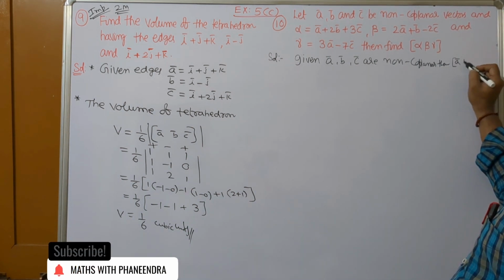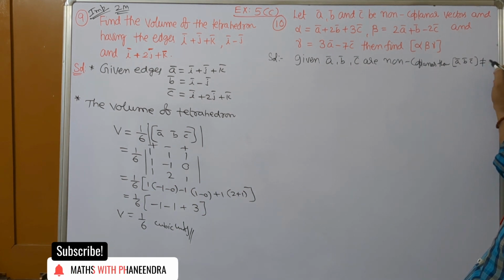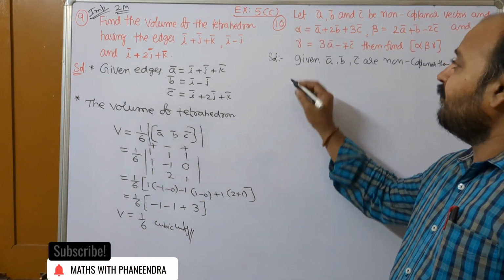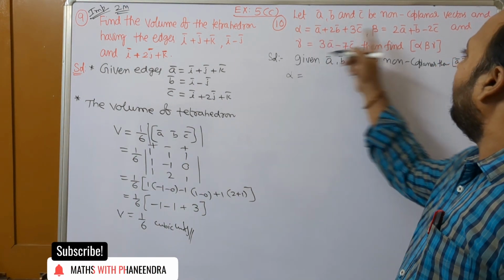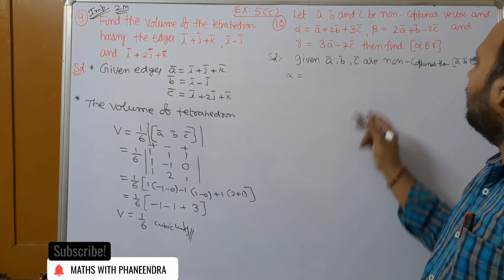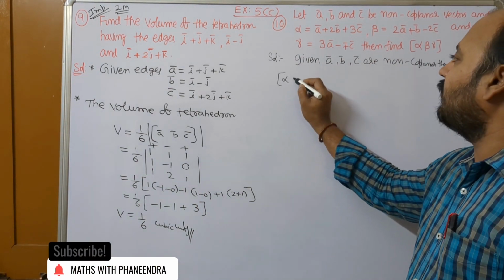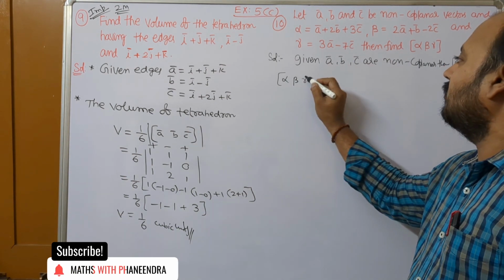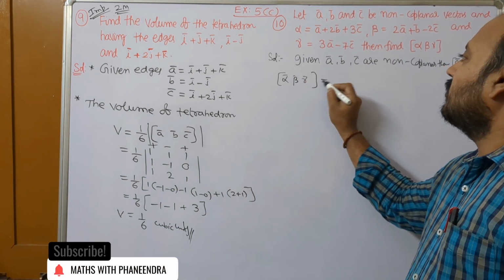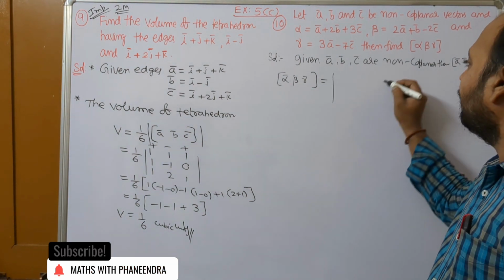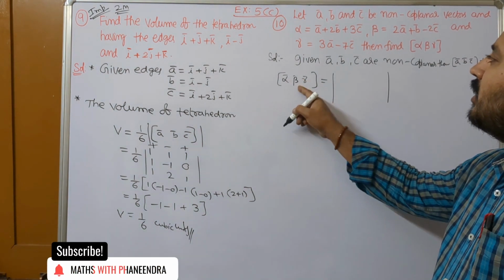Then box of A bar, B bar, C bar is not equal to 0. Keep in mind. And after that, what vectors are provided, alpha equal to, beta equal to, again I am not writing here. They are asking to find the box of alpha, beta, gamma. So box of alpha, beta, gamma means the determinant of alpha bar, beta bar, gamma bar.